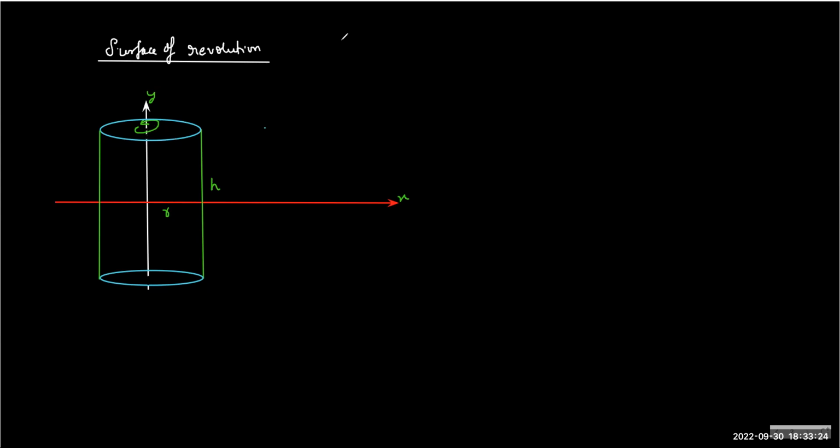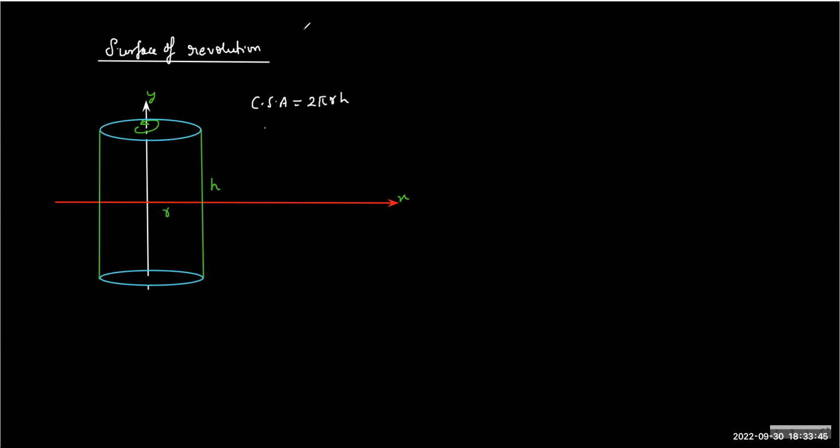And what is the area you can see? The area is how much? So area is 2π r h, isn't it? The curved surface area we know. You know why?